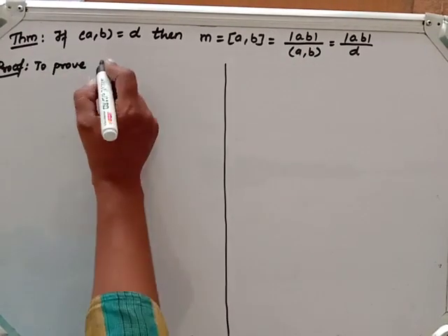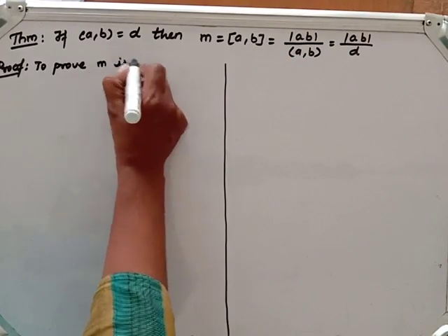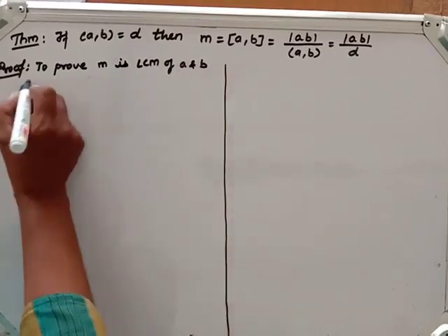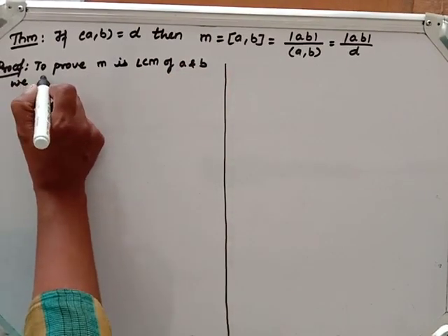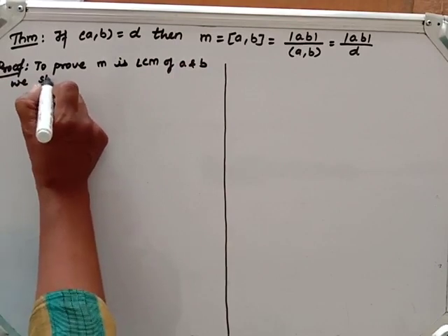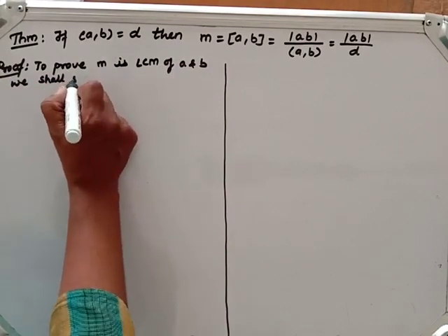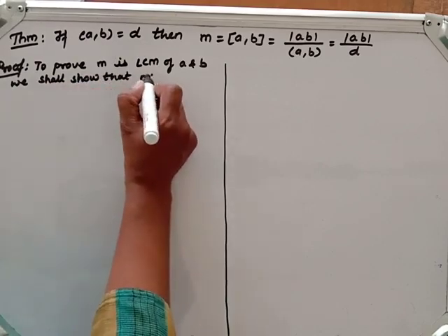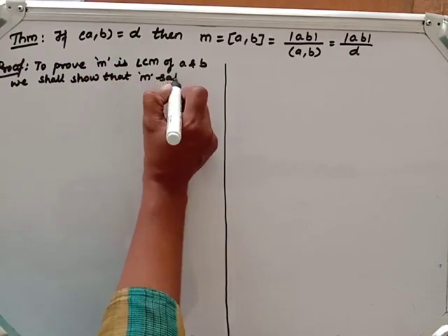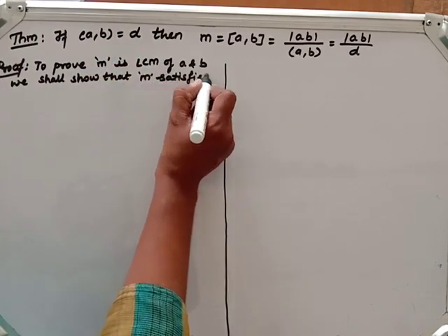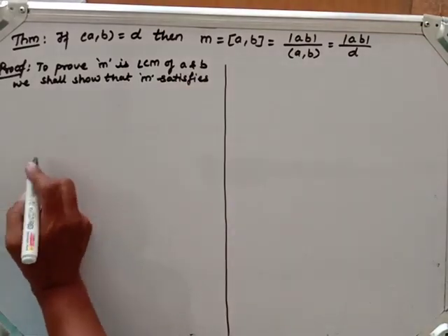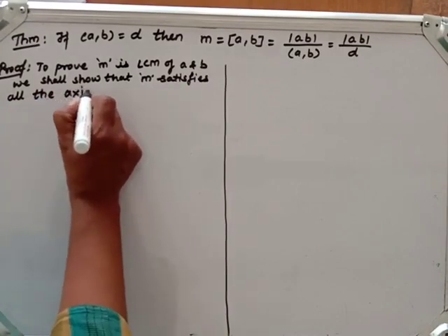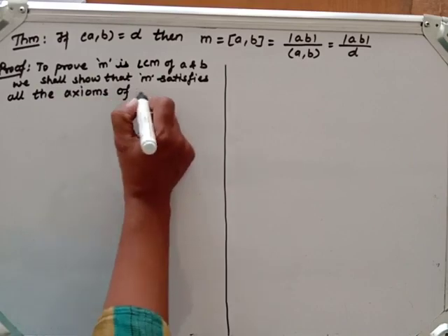To prove M is the LCM of A and B, we shall show that this M satisfies all the axioms of LCM.